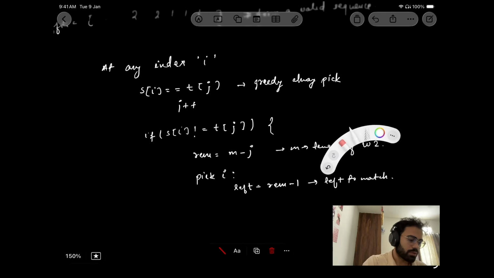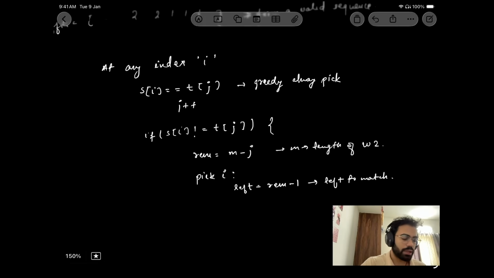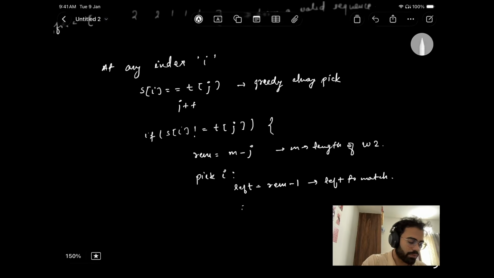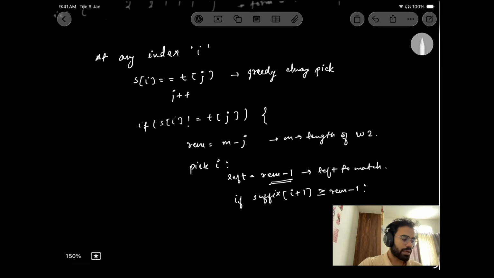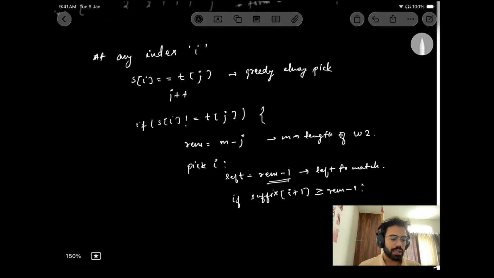If these are still left to match, then what do we check? We check if the suffix array at I plus one, whatever is at the next of the suffix array, can still give me these remaining minus one characters. At any index I, if it does not match, then I still have remaining minus one to match, and they should come from the suffix.